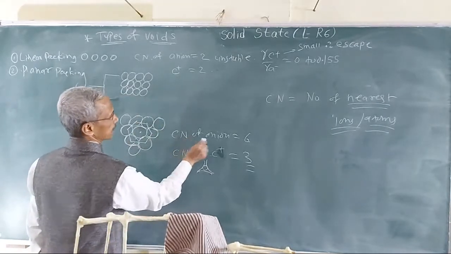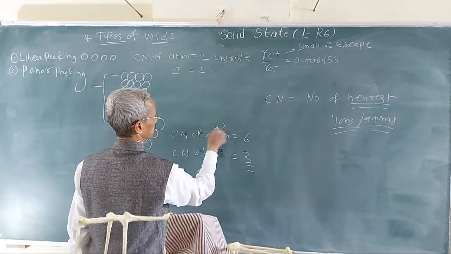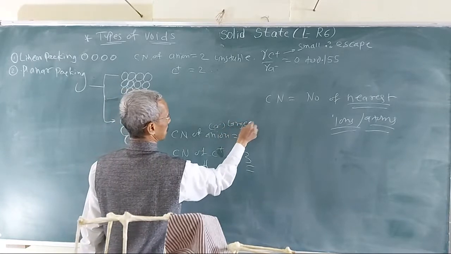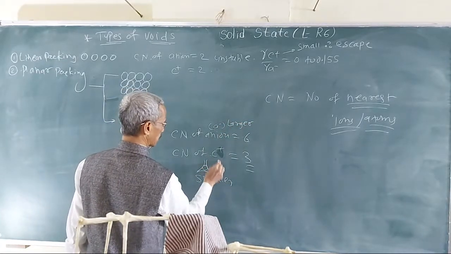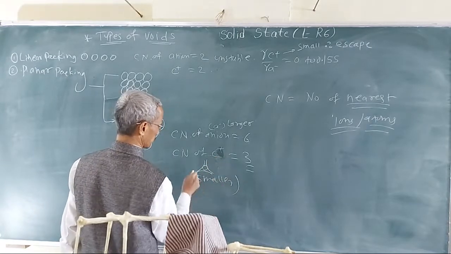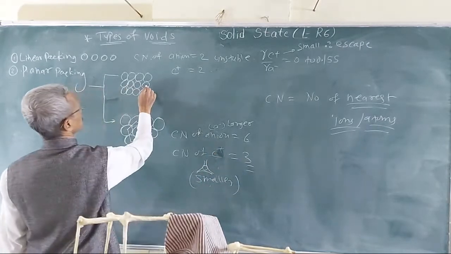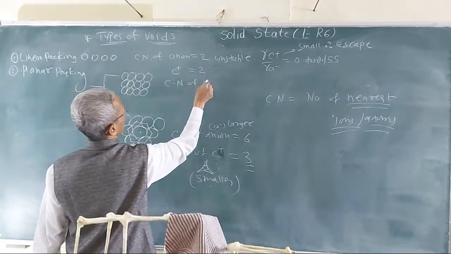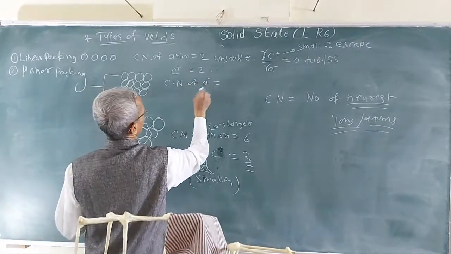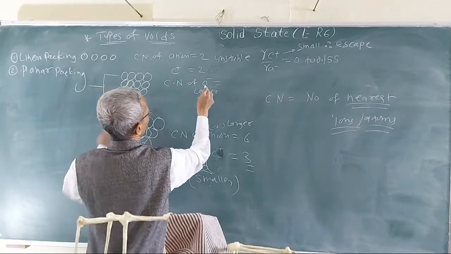The anion is larger in size. Cations are smaller, small size.